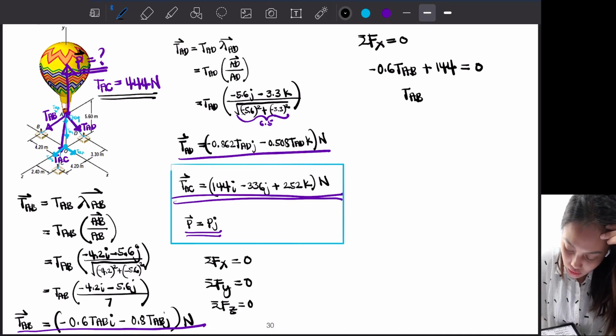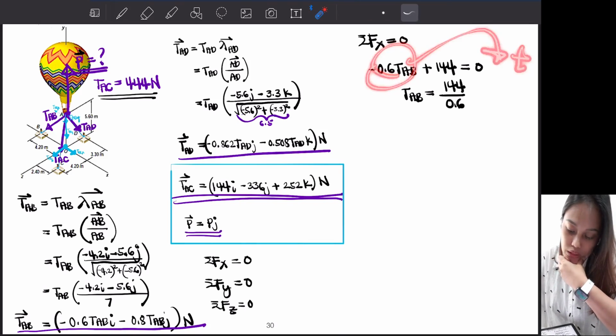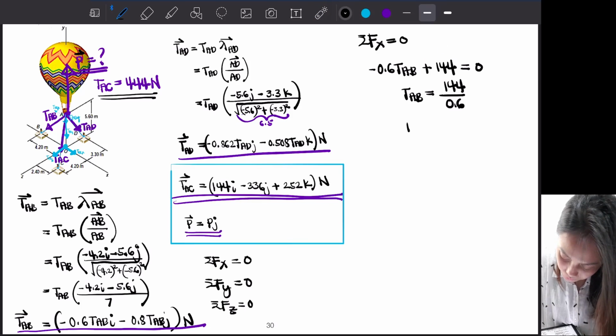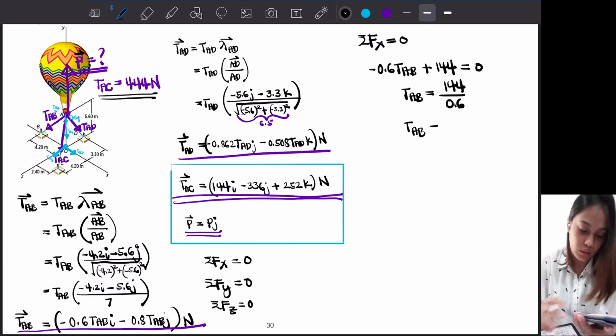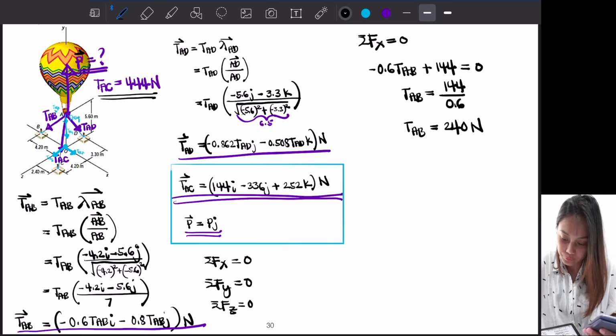TAB is equal to 144 over 0.6. Ibalin sa pikas, may mo siyang positive na value. Ang 0.6 na ito, i-divide sa 144. So, what is TAB? Is equal to 240 newtons.